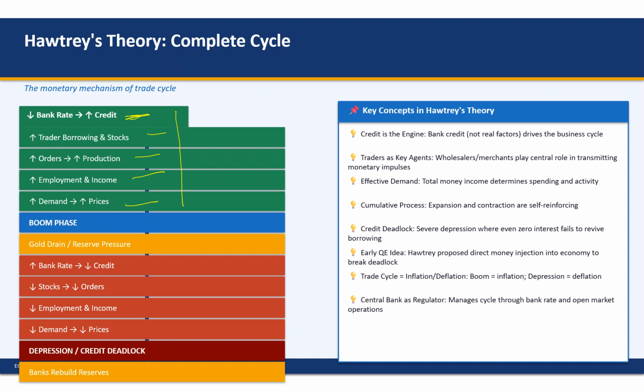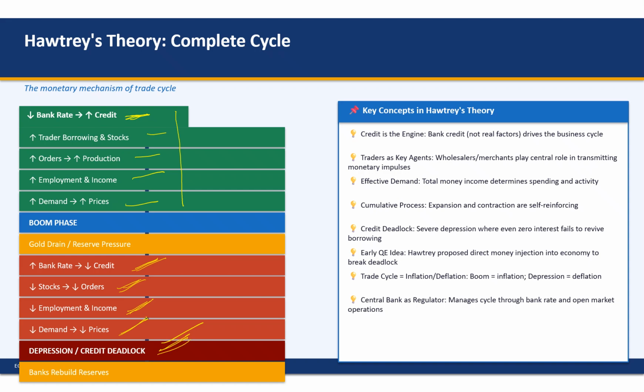Then the opposite happens when reserves come under pressure. Bank credit falls, stocks decline, then orders fall, which leads to a decline in employment and a fall in income, which weakens the demand, which causes a fall in the prices. That leads to depression, or something known as credit deadlock.